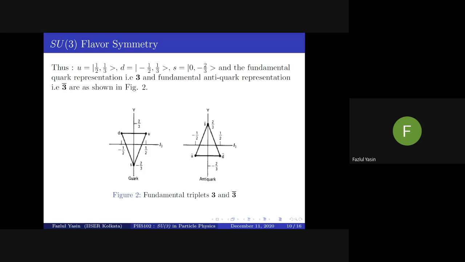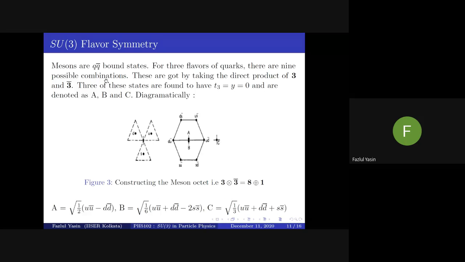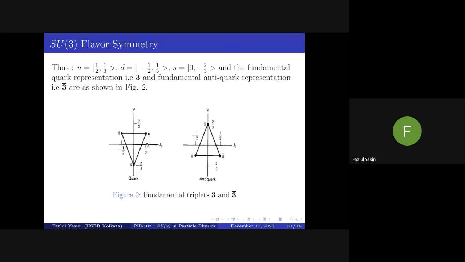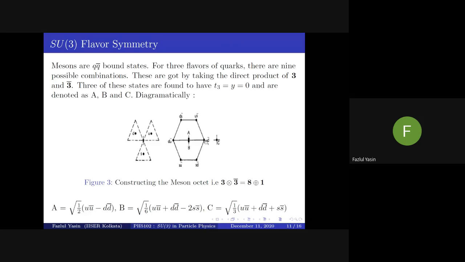So one such class of particles are mesons. Mesons are bound states between a quark and an anti-quark, and for the three different flavors of quarks which we have seen, U, D, and S, we can say that there are 9 possible combinations, and these are got by taking the direct product of the fundamental quark triplet representation and the anti-quark triplet representation.